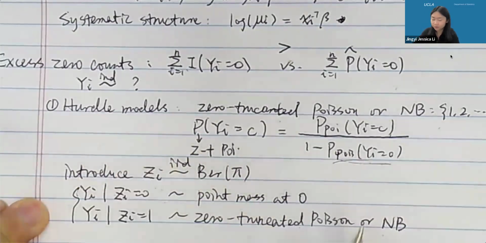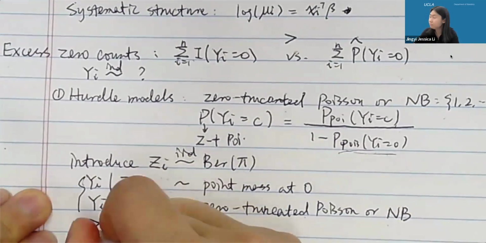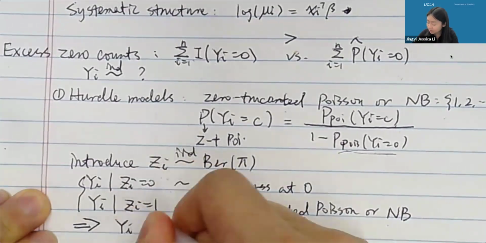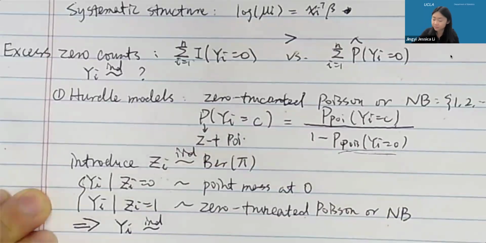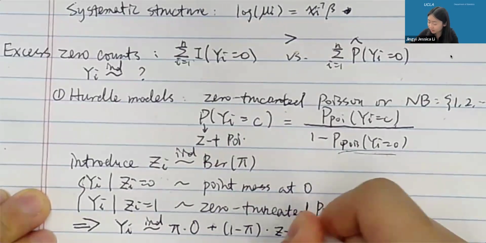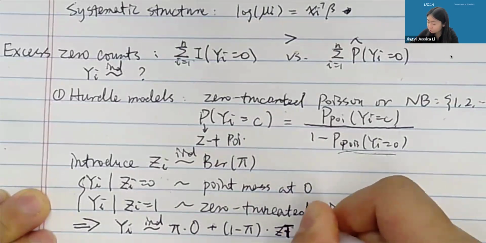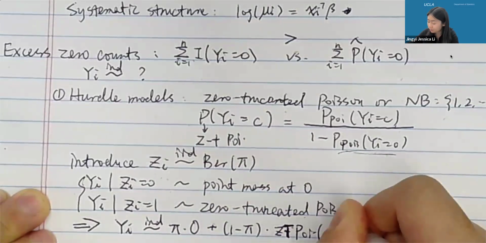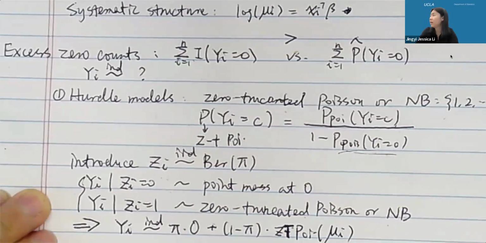For this hurdle model, let's first wrap this up. Putting it together as a mixture model, yi independently follows a probability pi of a point mass at 0 plus 1 minus pi times a zero-truncated (ZT) Poisson, for example, with mean μi. That's it. So you add a 0 component to make the 0 more likely.